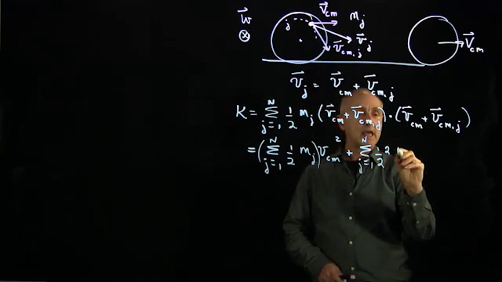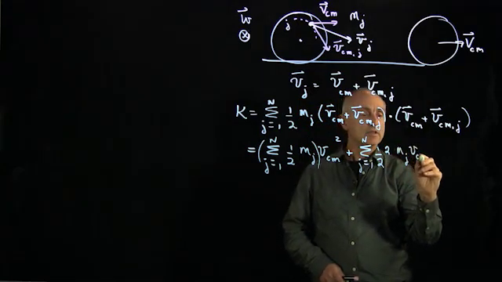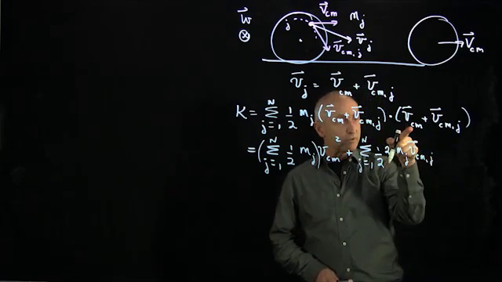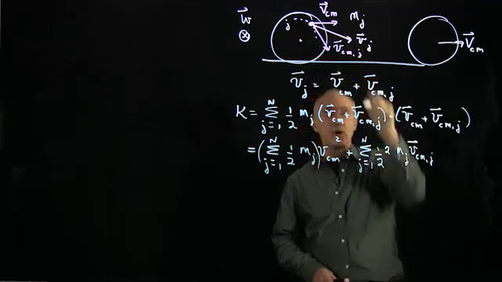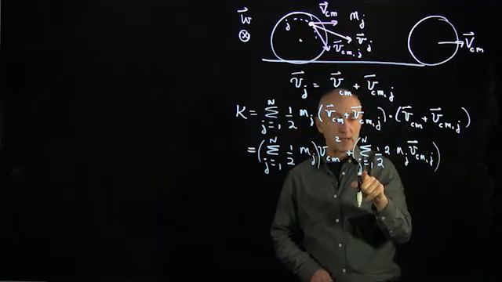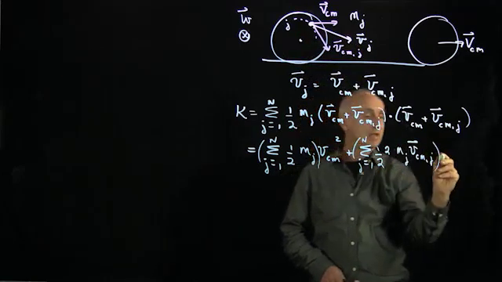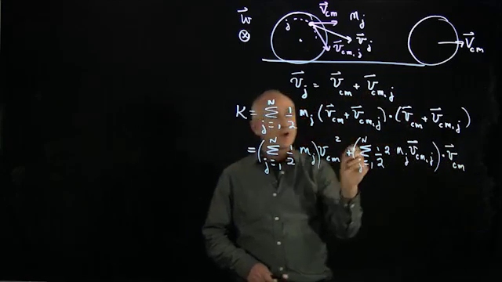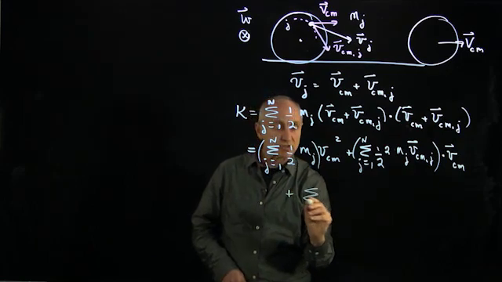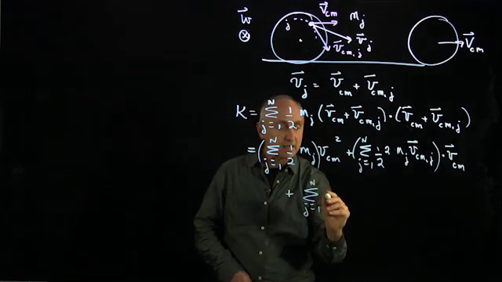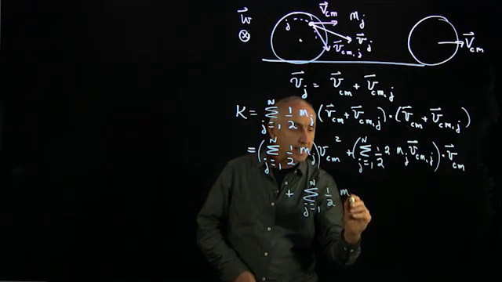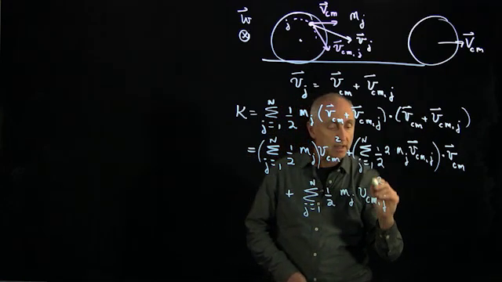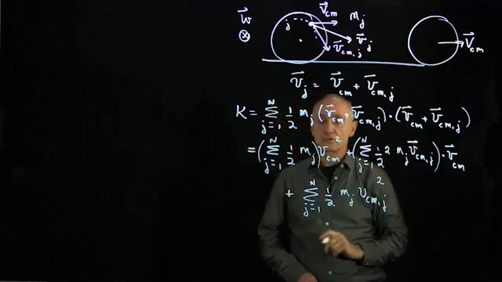Now I'm going to write it as mj VCMJ vector. Now remember, when you dot with VCM, every single point has the same VCM, so I can pull that VCM outside. And finally, I have the last term, which is the sum over j from 1 to n of 1/2 mj VCMJ squared. And that's just the dot product of those two terms.